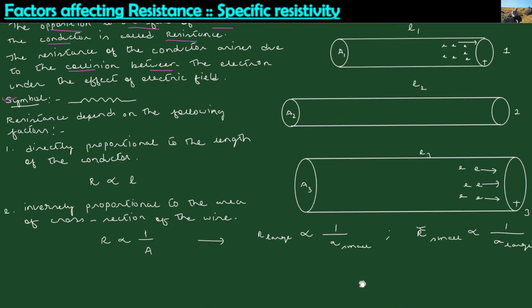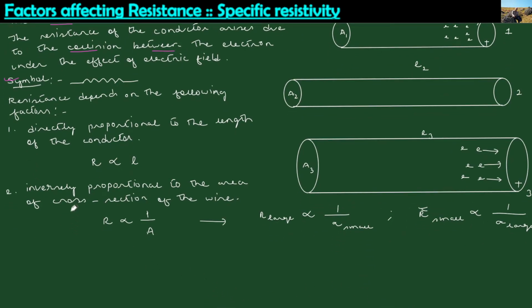So if we combine these two relations or these two factors, we can come to an important equation. R is proportional to L, and R is inversely proportional to A. If I name this as equation number 1, and this as equation number 2, from 1 and 2 it implies this.